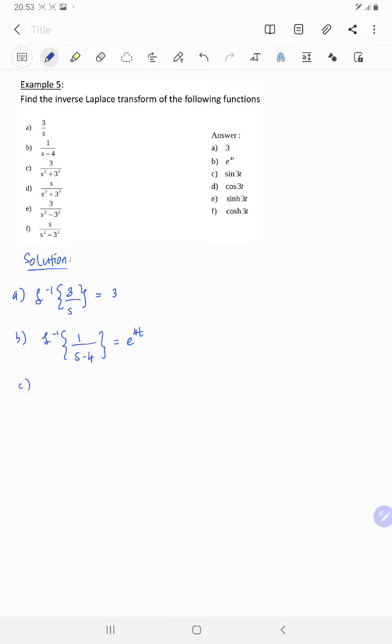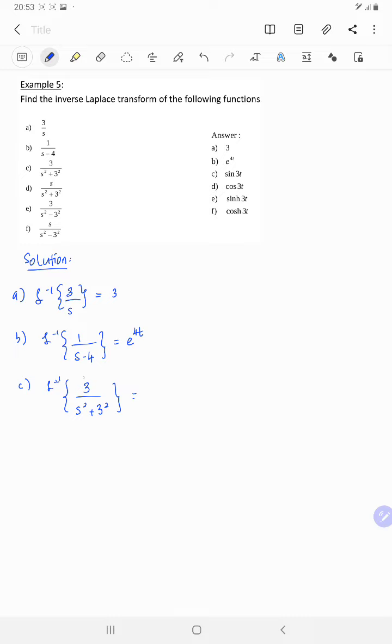Okay, next C, Laplace inverse of 3 over s squared plus 3 squared. Okay, so you look at the bottom, there is s squared plus constant squared, so that must be either sine or cos. So you must look at the upper.